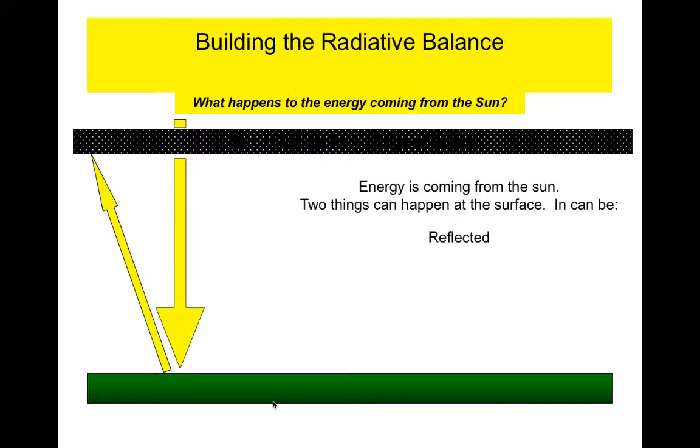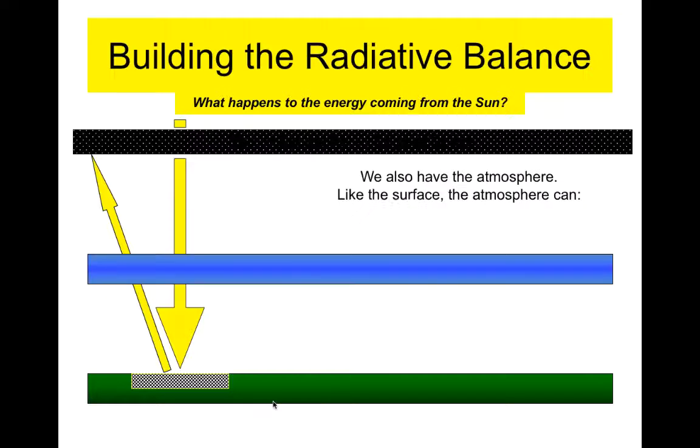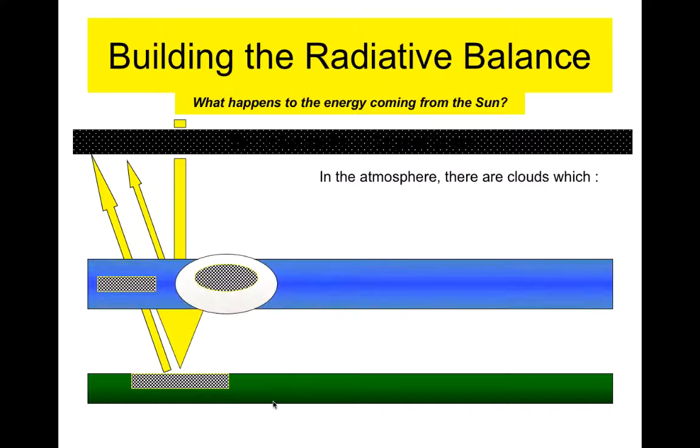Energy is coming from the sun, and two things can happen. It can be reflected or it can be absorbed. We also have the atmosphere, and like the surface, the atmosphere can reflect or it can absorb energy. In the atmosphere, there are clouds which reflect a lot and absorb some as well.